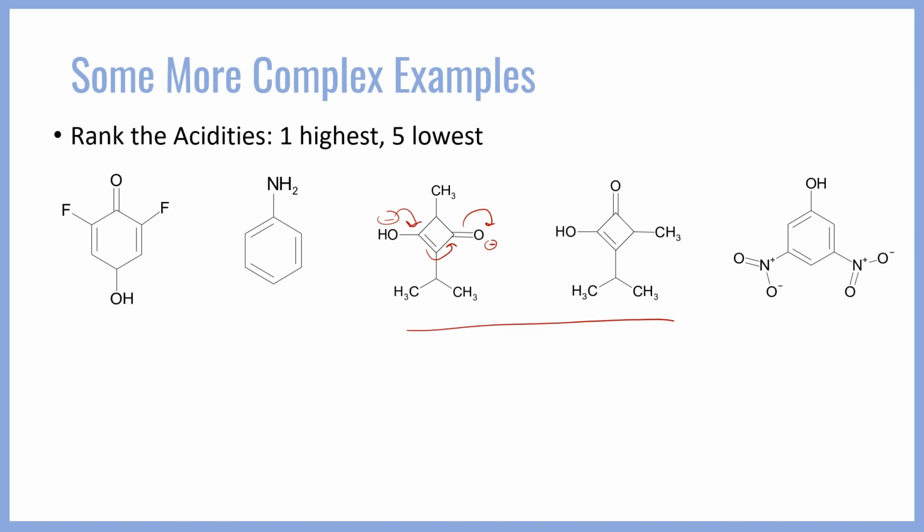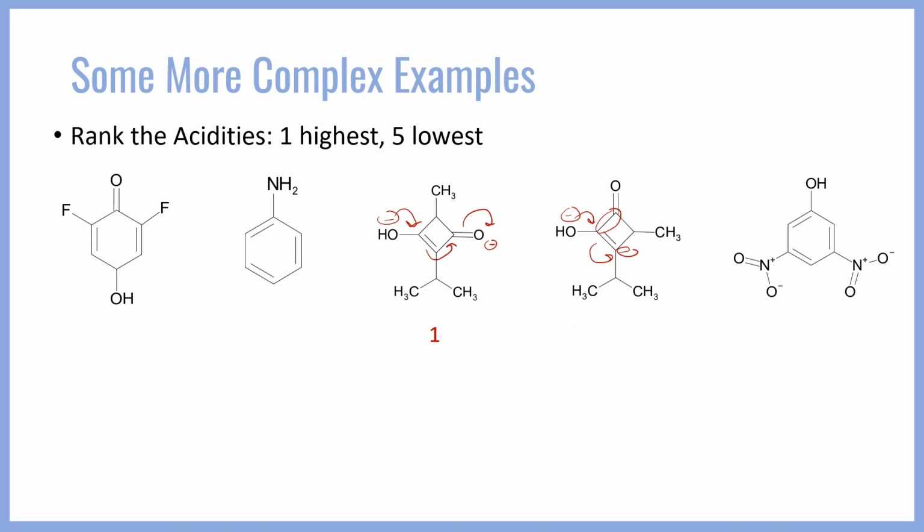However, if we were to deprotonate the next molecule, the 4th molecule here on the list, it could not delocalize up into this oxygen. There is no double bond in this position to be able to push. It could delocalize this into this carbon, but that's not very significant. 1 carbon doesn't contribute very much. So we know that out of these 2, the left one is going to be much more acidic because of the stability of the anion, and in fact it will be our most acidic molecule.